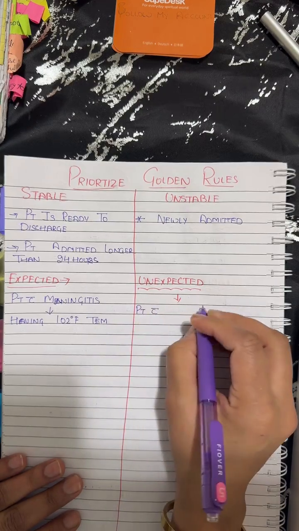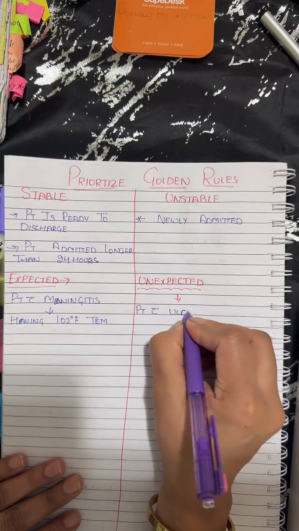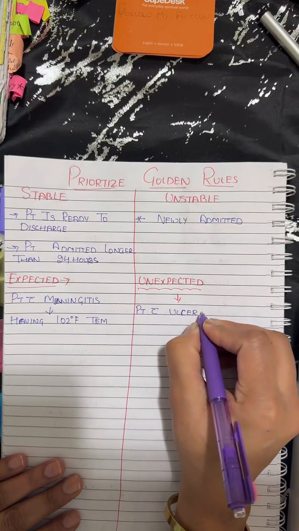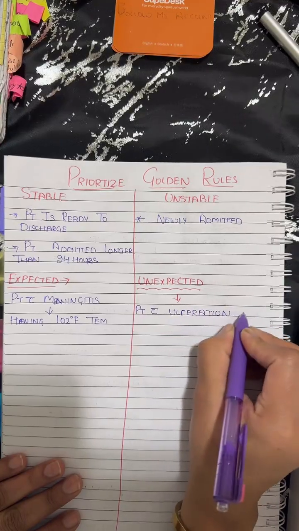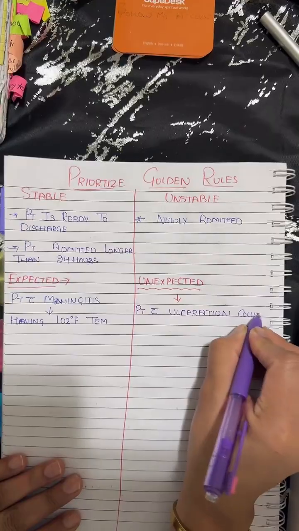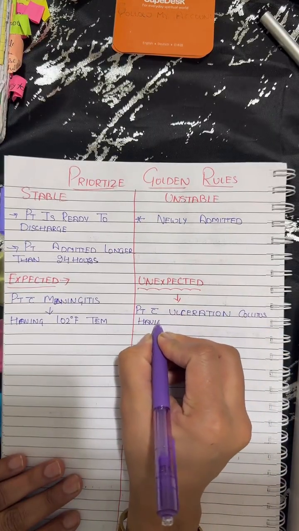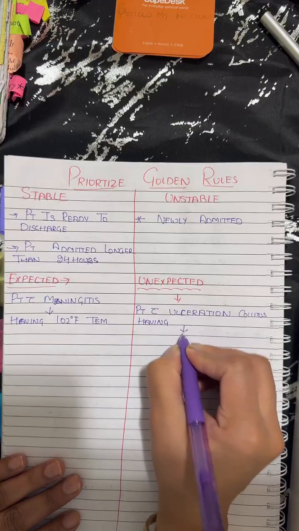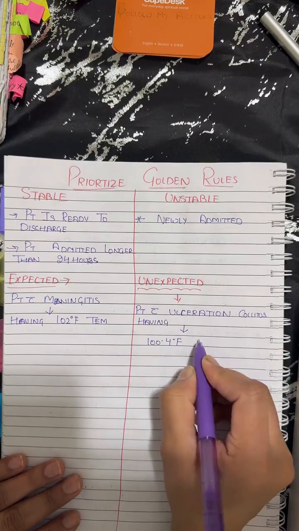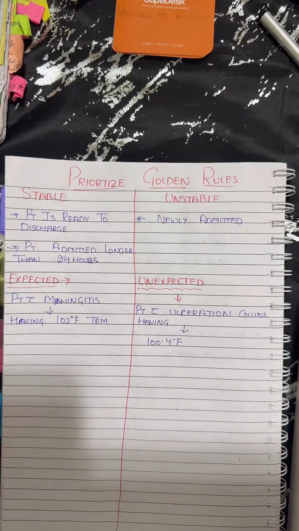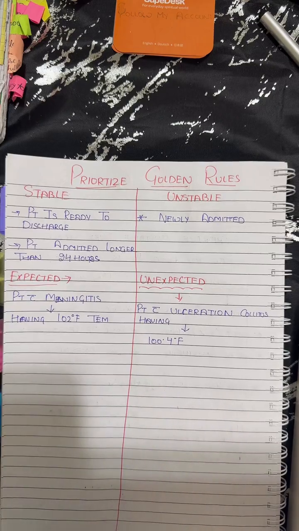Patient with ulcerative colitis having a 102 temperature is unexpected. So this is unstable patient.